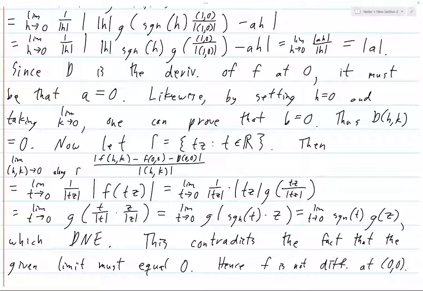You just have to choose the right path to approach the origin. It's just that there are a lot of details in here that end up making it messy, and you have to do a proof by contradiction, and you get this limit, and this limit doesn't even exist. So this is a little bit messy of a proof, but it's a proof, so we're done.